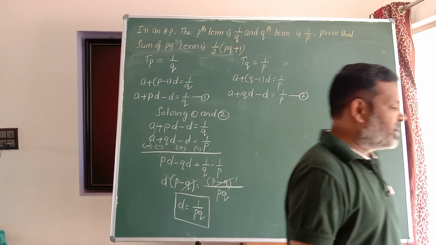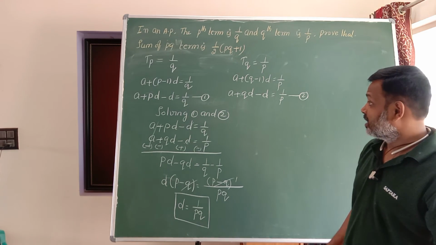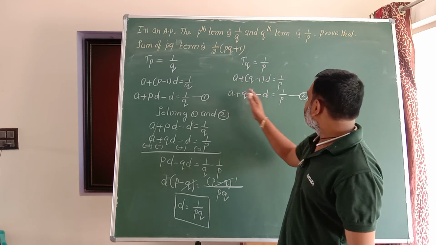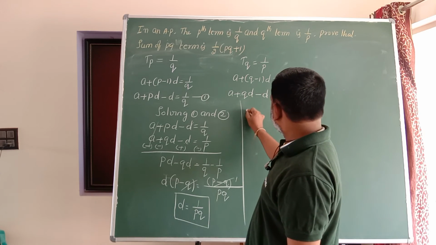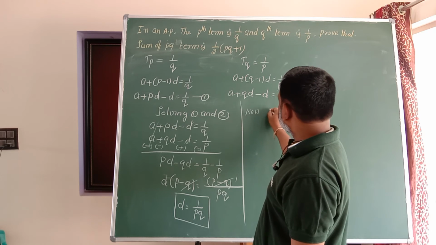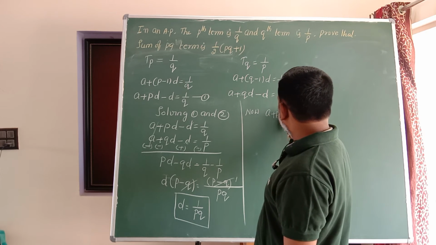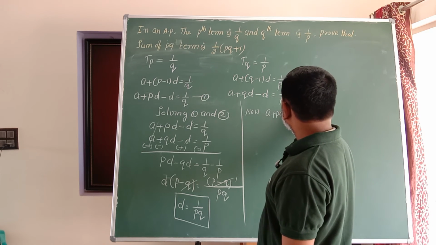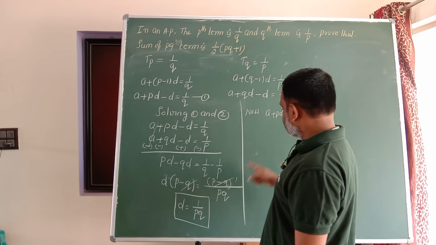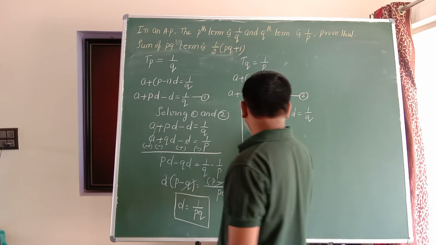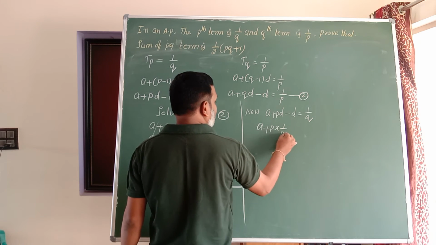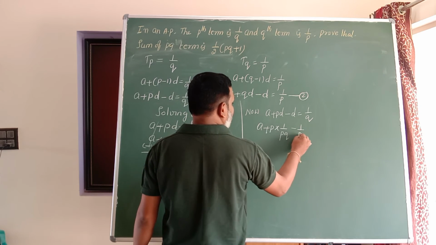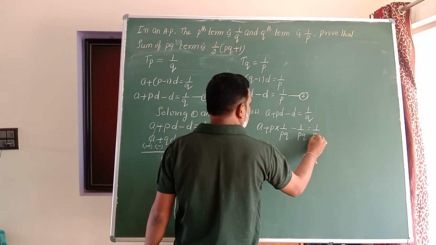Now we wish to find the first term, that means a, by using any one of the equations. Consider any one of the equations: a plus pd minus d is equal to 1 by q. Just substitute the value of d there. a plus p into 1 by pq minus 1 by pq is equal to 1 by q.